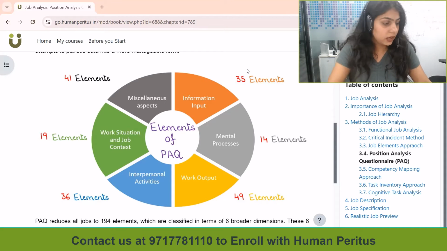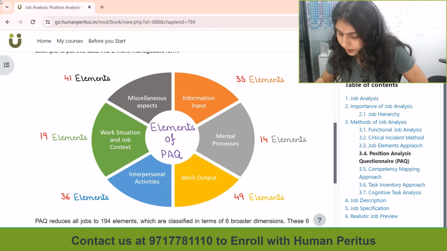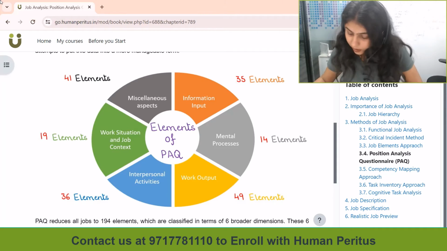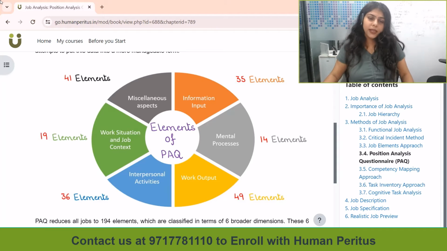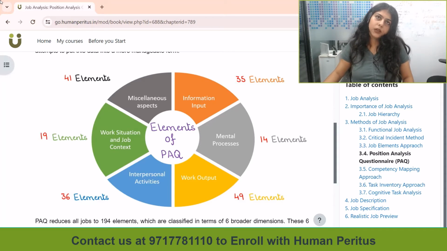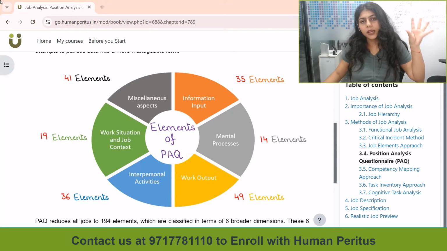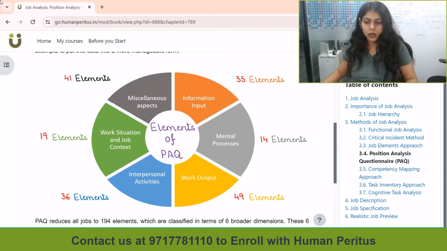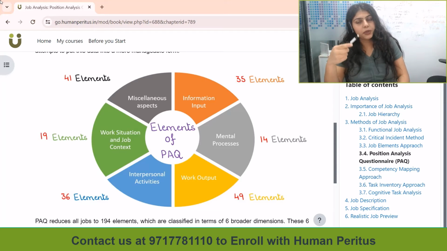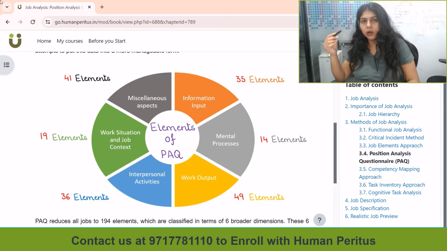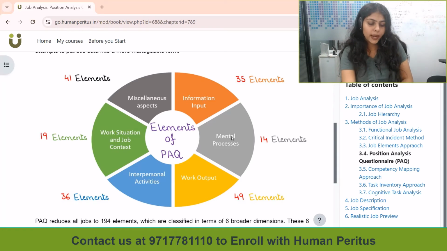Now up next we have mental processes, and within mental processes we will be classifying on the basis of cognitive activities. So all the jobs that require some sort of cognitive or problem solving skills or decision making skills, all the jobs which require you to be heavy on cognitive activities will be categorized under mental processes.